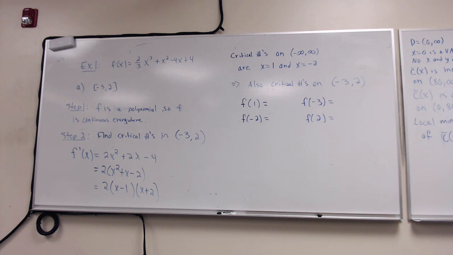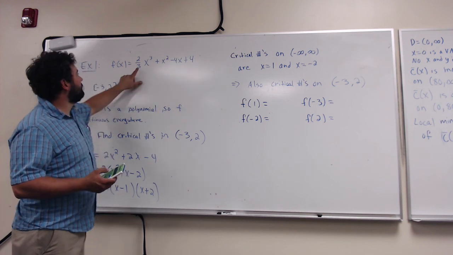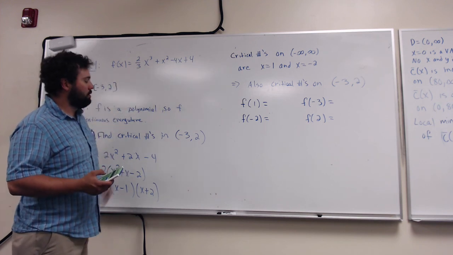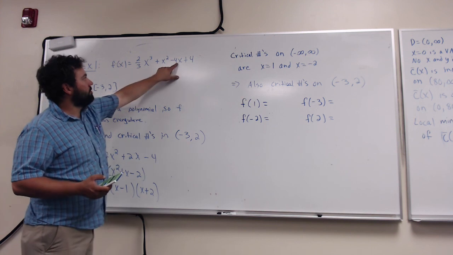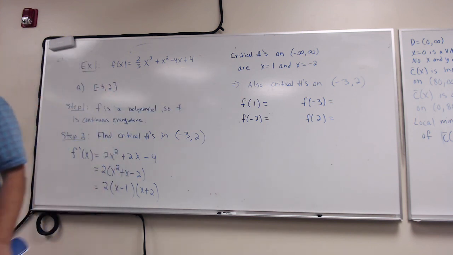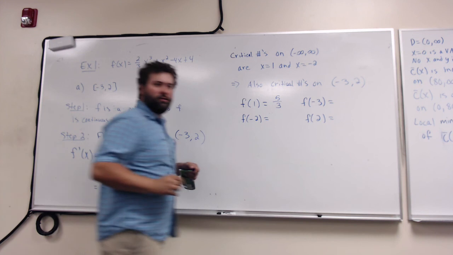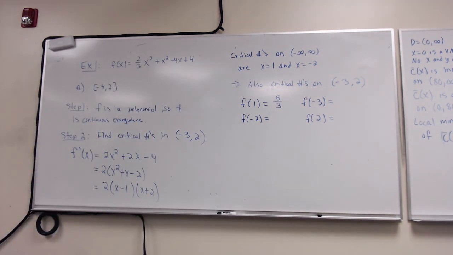I think 1 is the easy one. You get 2/3 plus 1 minus 4 plus 4. So it's just 2/3 plus 1, because the minus 4 plus 4 will cancel when I plug in +1. 2/3 plus 1 is, I believe, going to be 5/3.